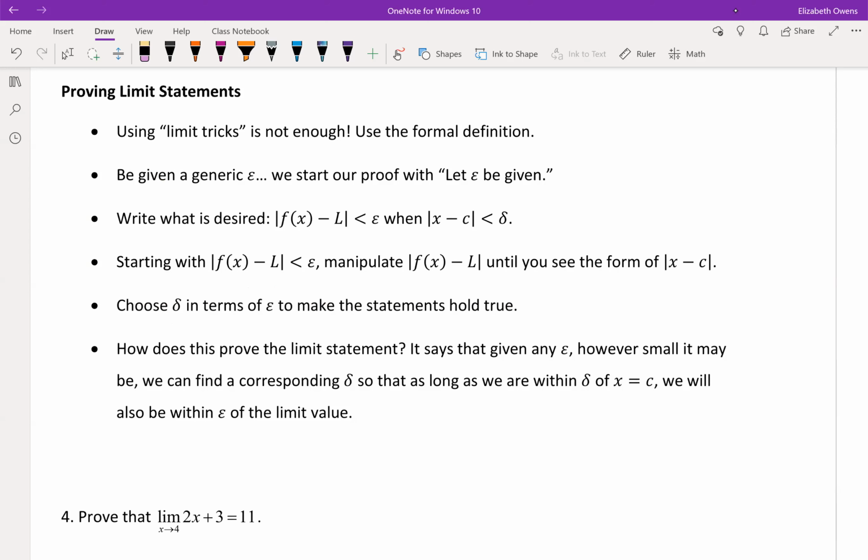Okay, so how does this prove the limit statement? All right, I briefly touched on this a little while ago, but we're essentially saying with let epsilon be given that someone, anyone, the powers that be, okay, could give us absolutely any epsilon, even just the tiniest epsilon value.